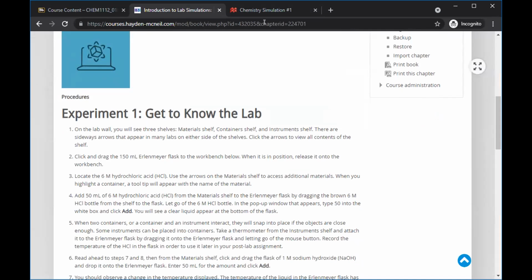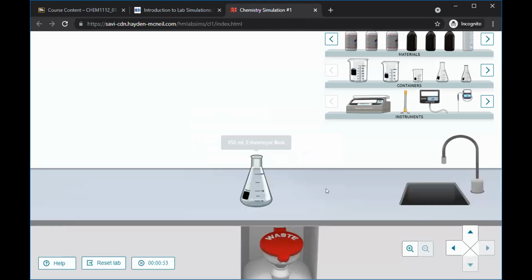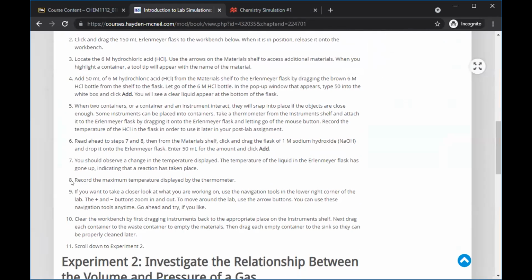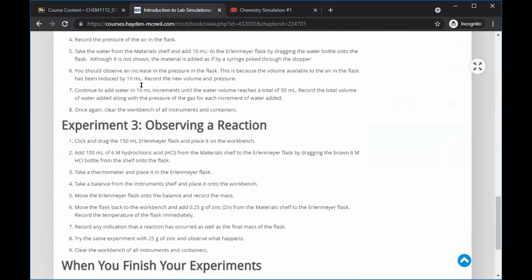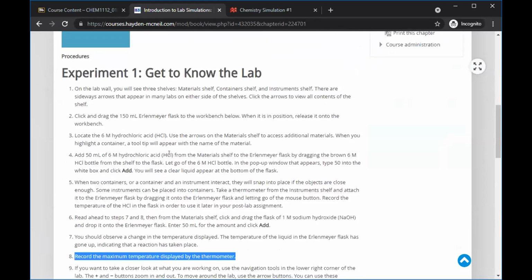So add 50 milliliters. 50, add, and it fills right up. So go through all these steps and make sure when it says record stuff, that you do record. Like step 8, record the maximum temperature. And there's different experiments for this beginning: experiment 1, 2, and 3.